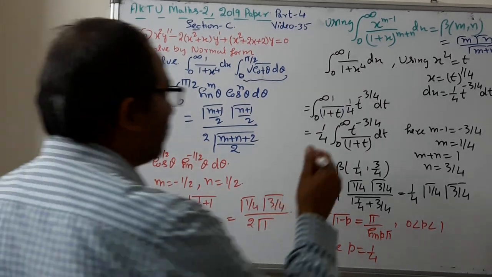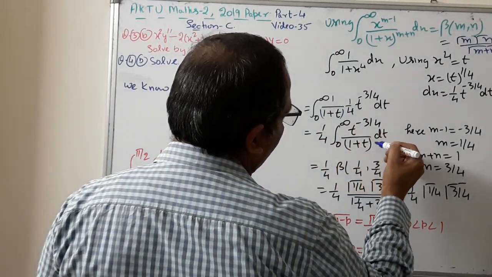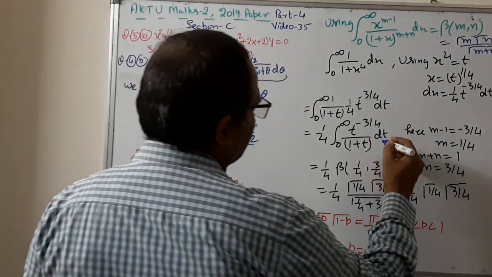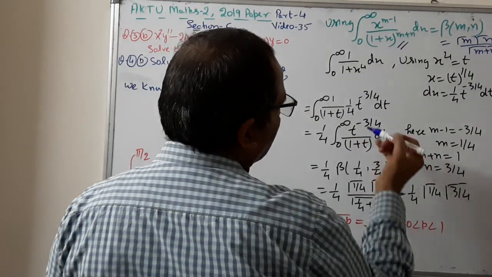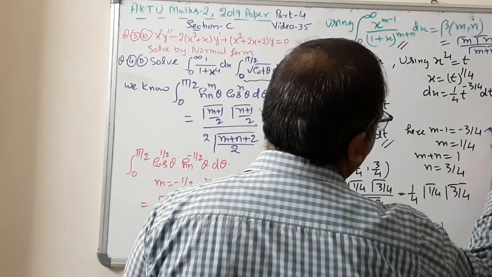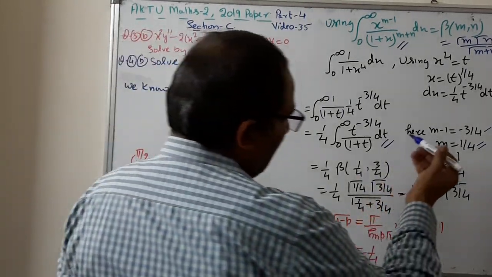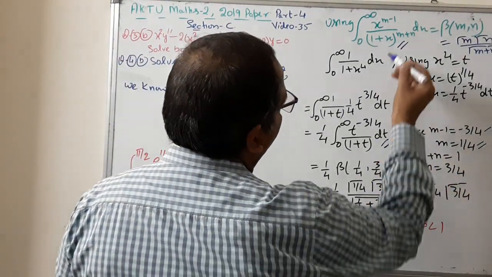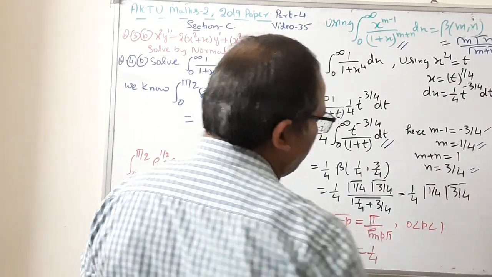Solving this, taking 1 by 4 as common, we get integral from 0 to infinity of t to the power minus 3 by 4 upon 1 plus t dt. If we compare this integration with the given formula, we get m minus 1 equal to minus 3 by 4, so m equal to 1 upon 4, right? And when we take m plus n, here m plus n equal to 1, so n is equal to 3 upon 4.